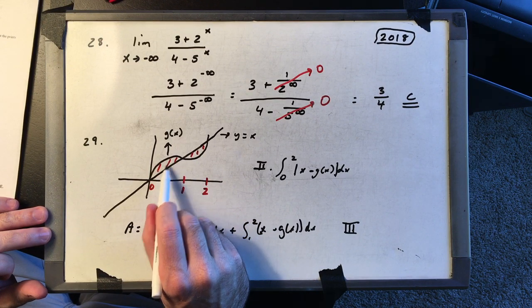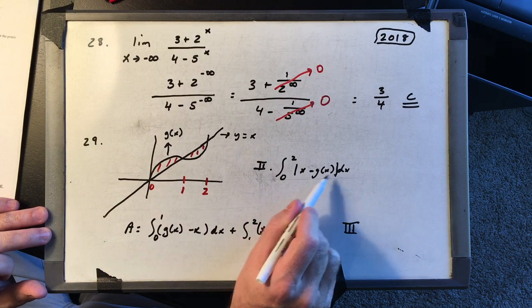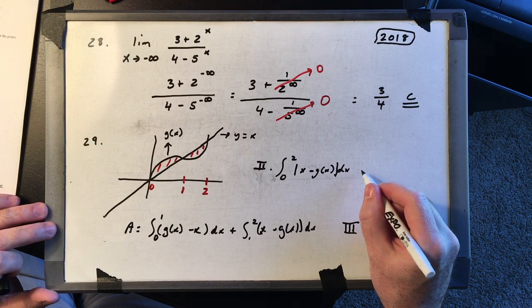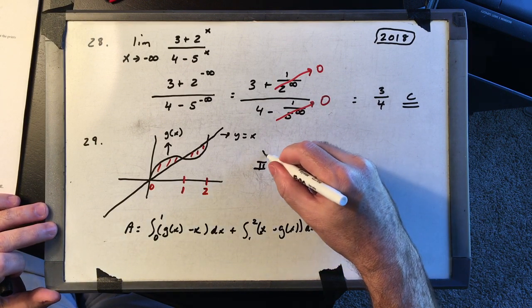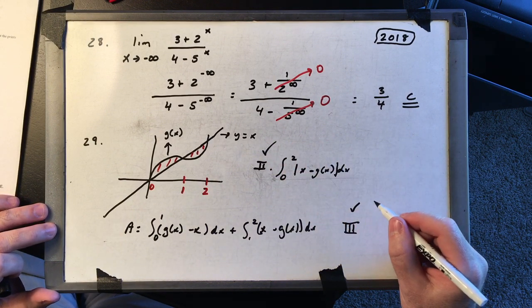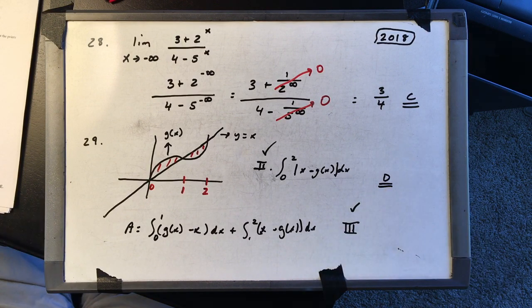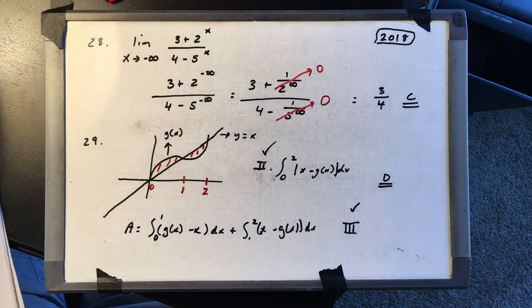Because x is below g of x, but if you take the absolute value, it'll make it positive. So that's another way to do it. Both 2 and 3 are correct, so that's a tricky one. So the answer is D.